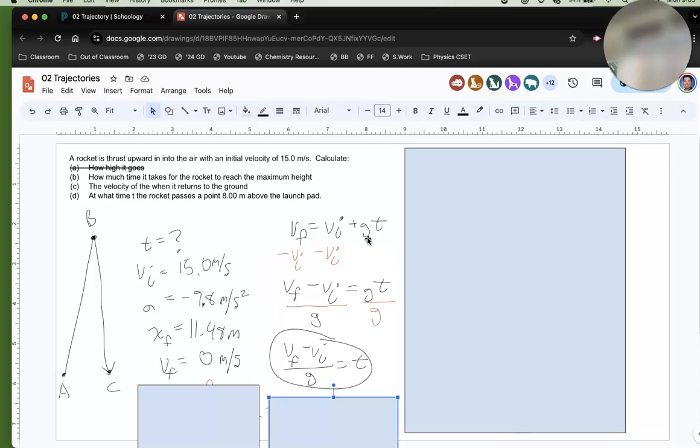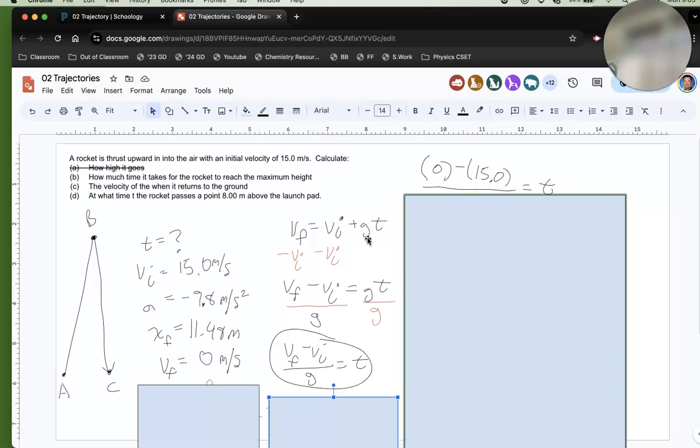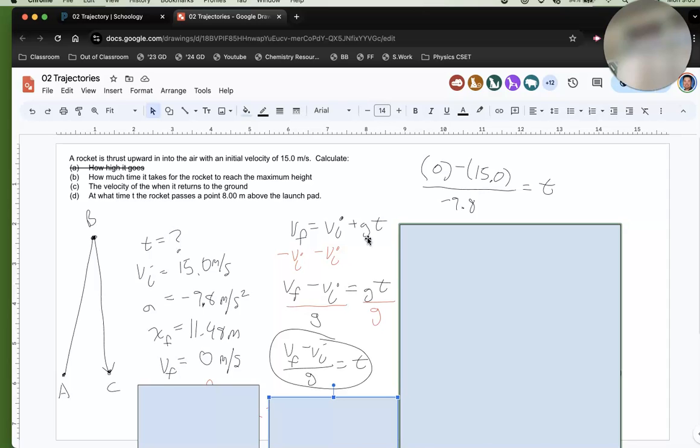So algebra, again, just plug in. Our v sub f is 0. Our v sub i is 15. Our gravity is negative 9.8. Looks very similar to our previous problem, but no exponents. So Crystal, grab a calculator, put in negative 15 divided by negative 9.8, and you'll have time, of course.